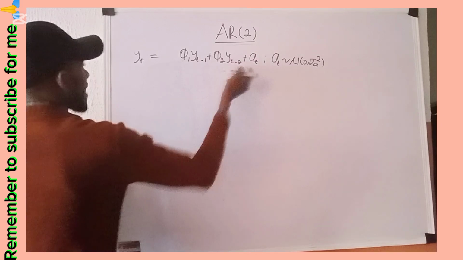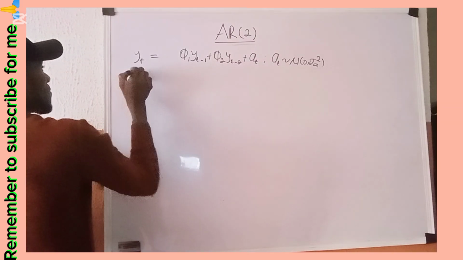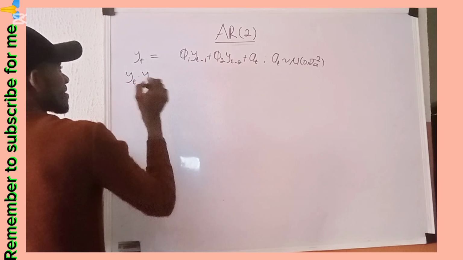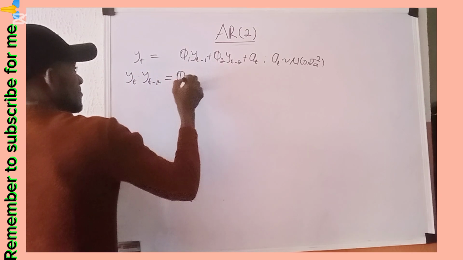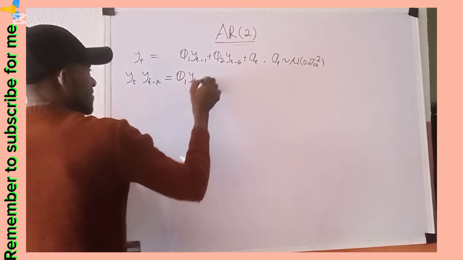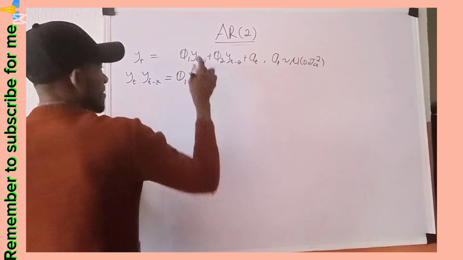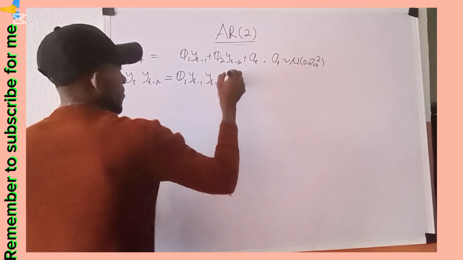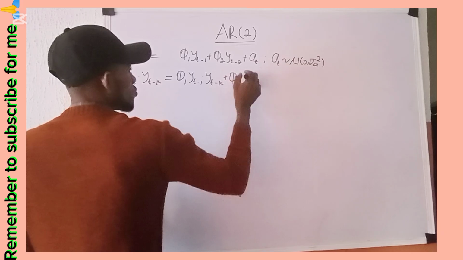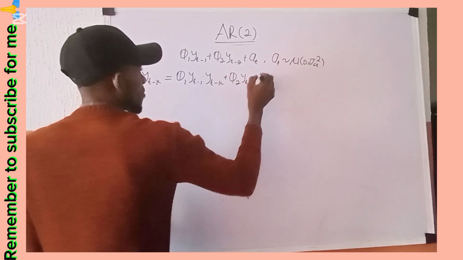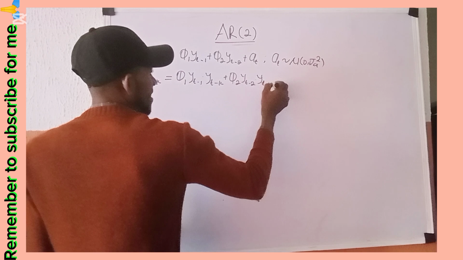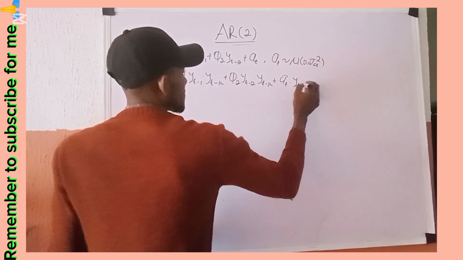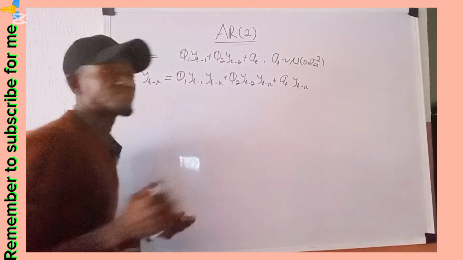So multiplying by y of t minus k, y of t times y of t minus k is equal to phi 1 y of t minus 1 times y of t minus k, plus phi 2 y of t minus 2 times y of t minus k, plus a of t times y of t minus k. Okay?